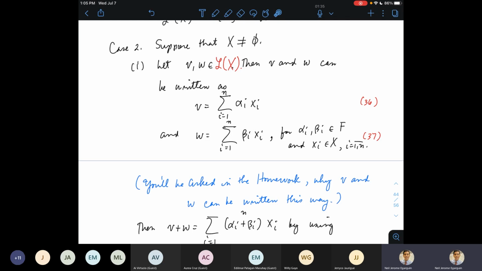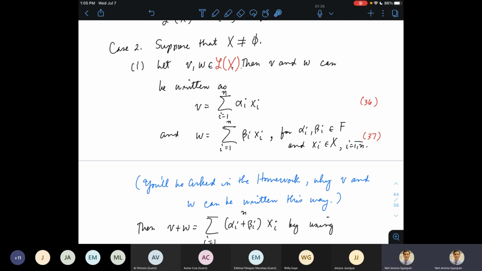Remember that you will be a member of curly L of X if you are a linear combination of some elements of X. It doesn't say how many elements of X, or whether we should use all elements of capital X. It says it should be a linear combination of some elements of capital X. So I said, okay, V, because it is in curly L of X, I should be able to write it this way, which is fine, right?